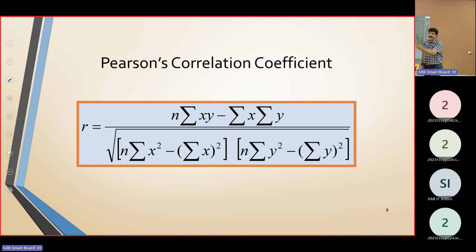So this is the derived version. Here we have n sigma xy minus sigma x sigma y, over the square root of two pieces: n sigma x squared minus sigma x whole thing squared, and here nothing is written between them, which means it is multiplication, n sigma y squared minus sigma y whole thing squared.